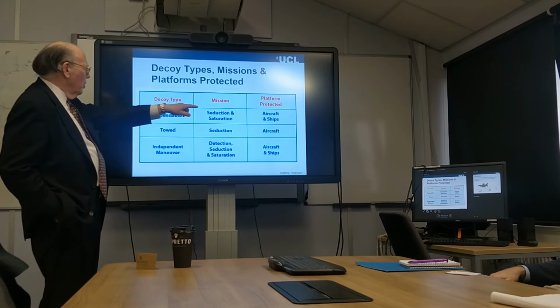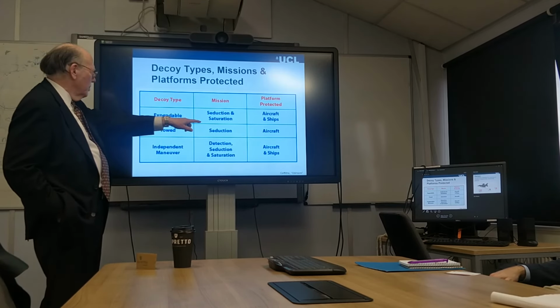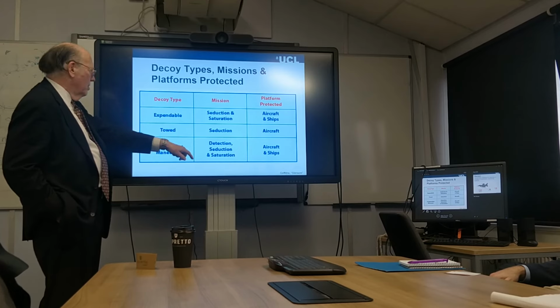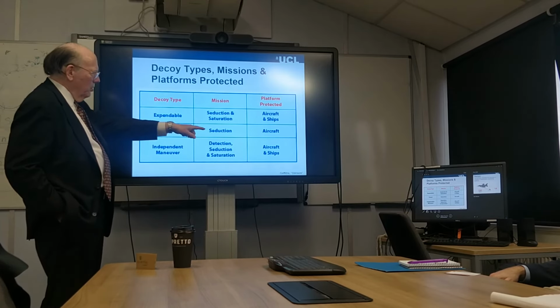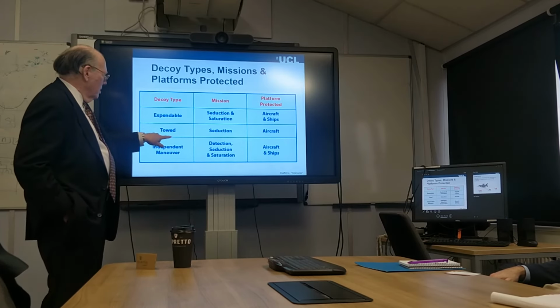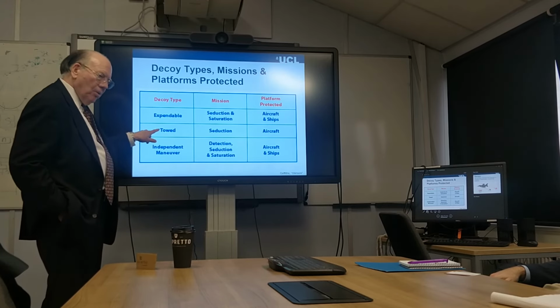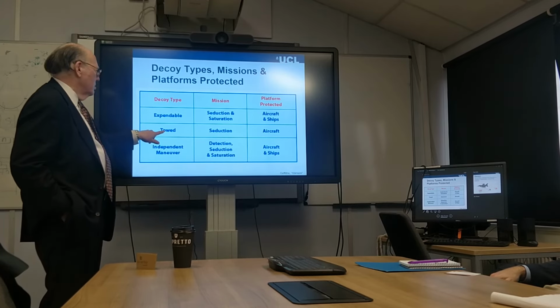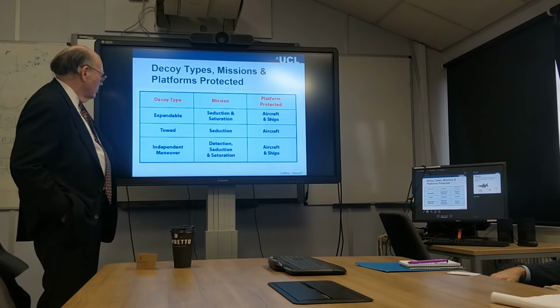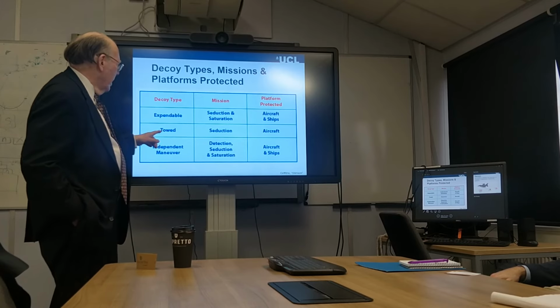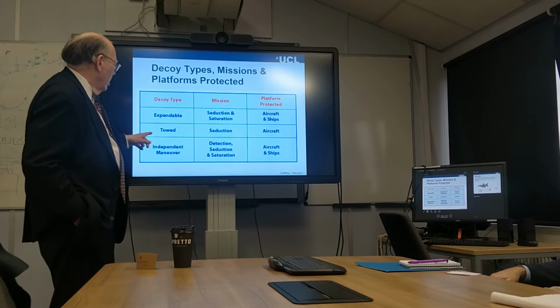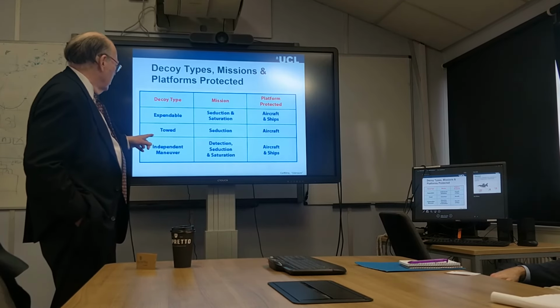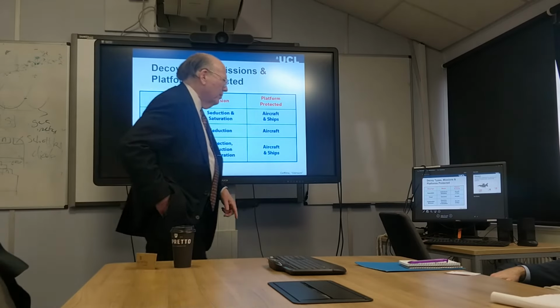And they're employed expendable by aircraft and ships, towed by aircraft, and independent maneuver by aircraft and ships. So for the towed one, I know specifically one case, the Global Hawk UAV used the towed decoy. And I'll talk a little bit about the MALD, which is an independent maneuver system.